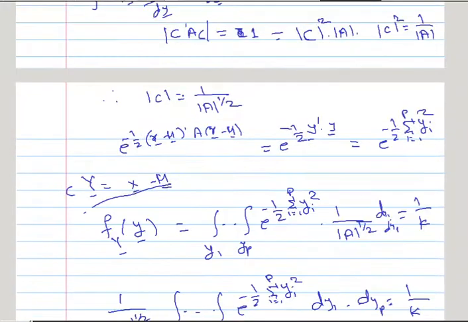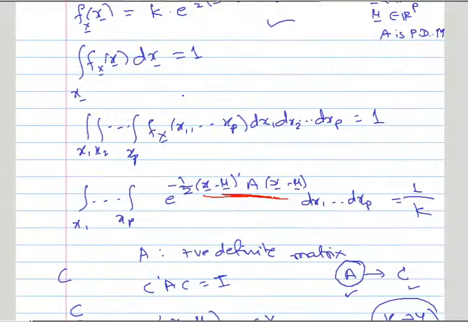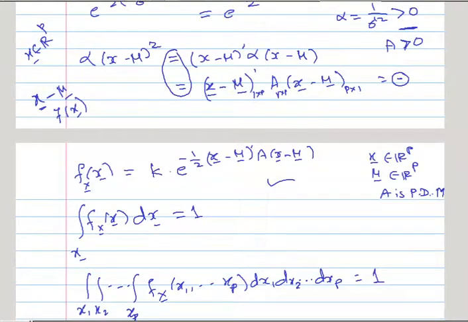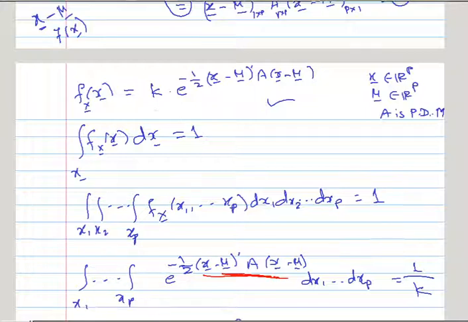As you can see here, it was defined like this: f x bar is equal to k into e raised to this particular quantity.